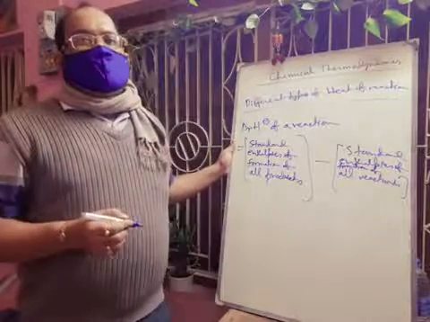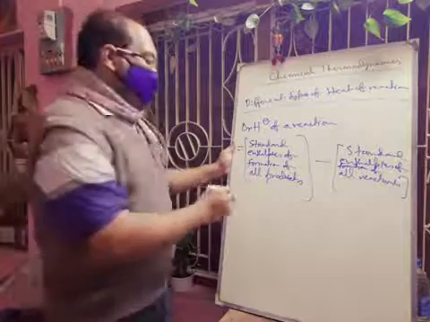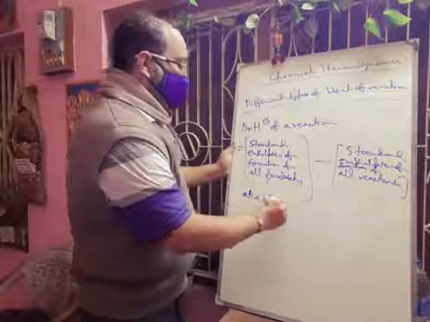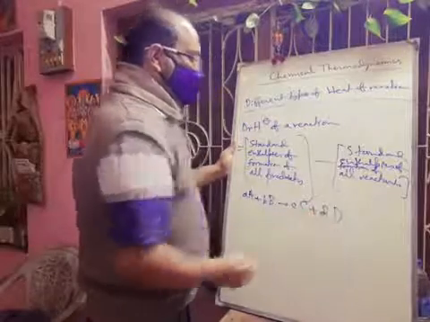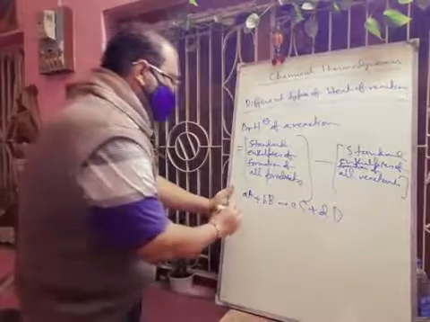Suppose we think about a reaction where A is reacting with B forming C plus D. In this case, how to calculate delta R H theta?